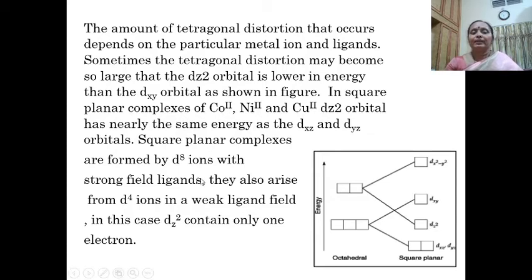Square planar complexes are usually formed by d8 ions with strong field ligands. If it is a strong field ligand, the electrons are going to be paired up and present in the dz², making the dx²-y² empty.